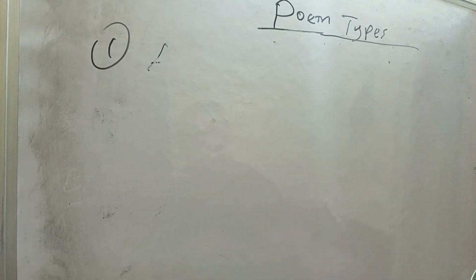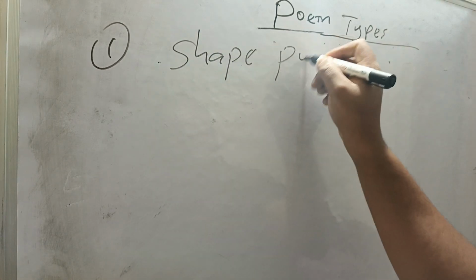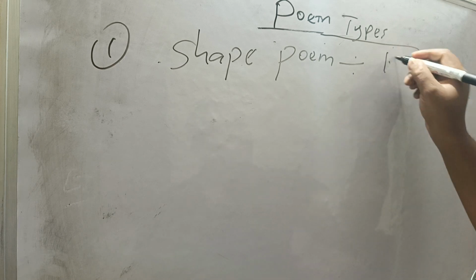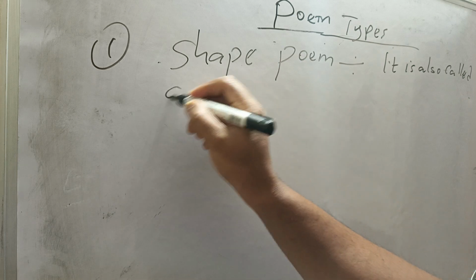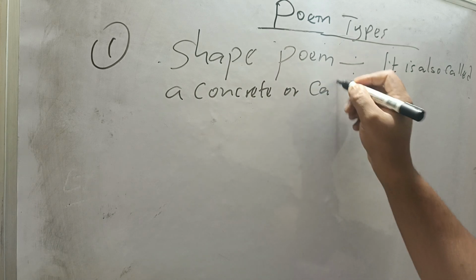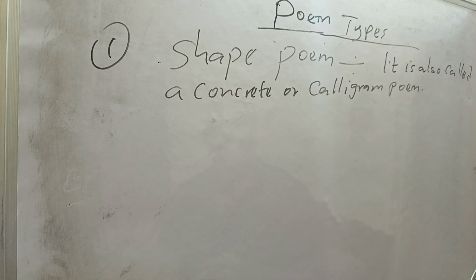Number 2 is the shape poem. It is also called a concrete poem or a calligram.